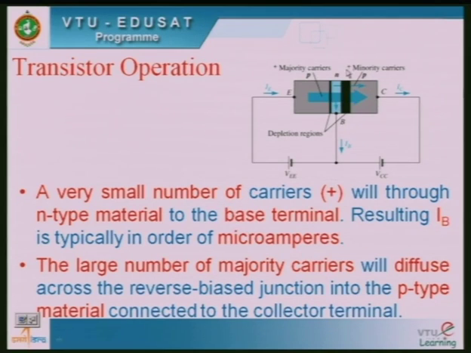The remaining 95% of the holes will be sucked into the collector region, because when these holes move from emitter to base, they act like minority charge carriers, and the potential barrier existing across the collector to base junction favors them. Therefore these minority charge carriers easily move from N to P, and these 95% of the charge carriers, which are holes, will contribute to the collector current.